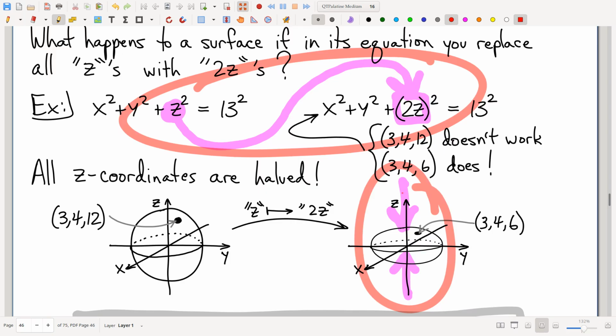The point here is that the geometric consequence is the result of doing the opposite to the z coordinate, in anticipation of countering what we did algebraically, multiplying by 2 up here. So I divide the z coordinates by 2 in anticipation of having to multiply them by 2. Right?